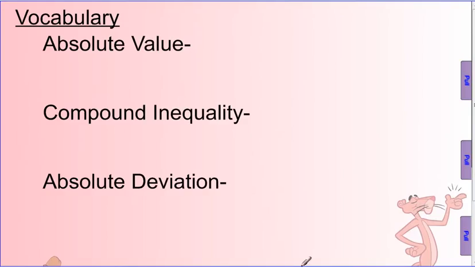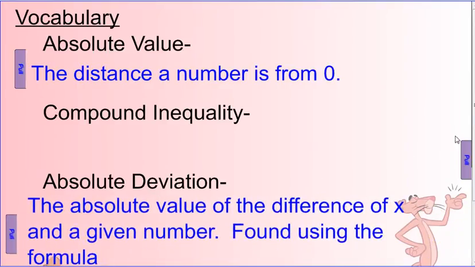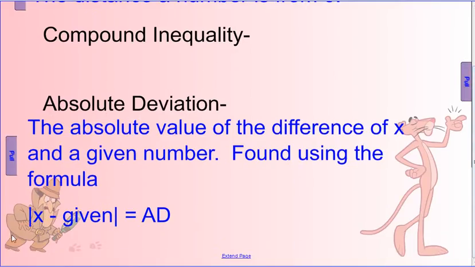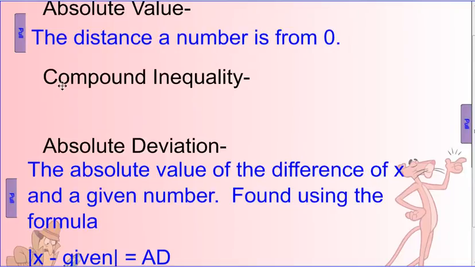Okay. We do have 3 vocabulary words here. We have absolute value, which we talked about is the distance away from 0. We have absolute deviation again, there it is from the last lesson. It's that x minus the given number is the absolute deviation. So the only new word here is compound inequality.